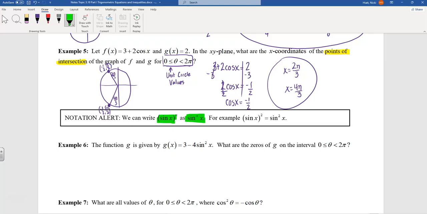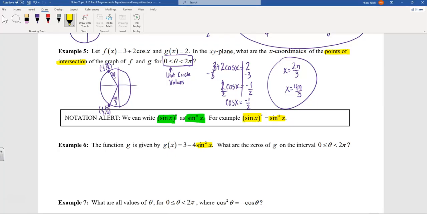The one we most typically see is sine squared. So whenever we see it written like this, sine squared of x, especially here at the beginning, I think it is going to be helpful for us to rewrite that as sine of x, squared. Okay, that's what that means.